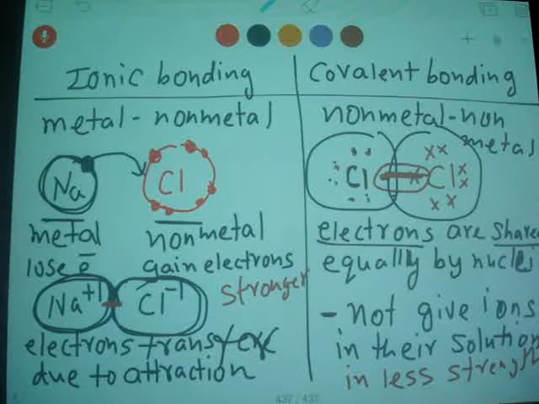So now we are going to talk about polar covalent bonds and non-polar covalent bonds. So let's go to the next slide. We learned ionic bonding and covalent bonding.